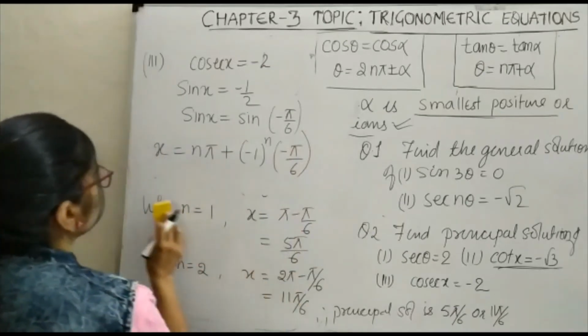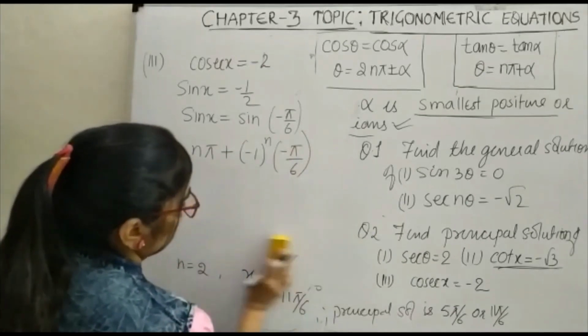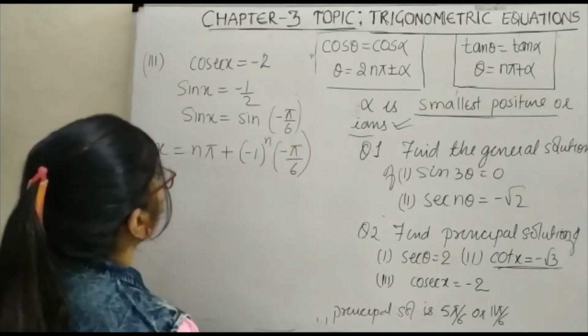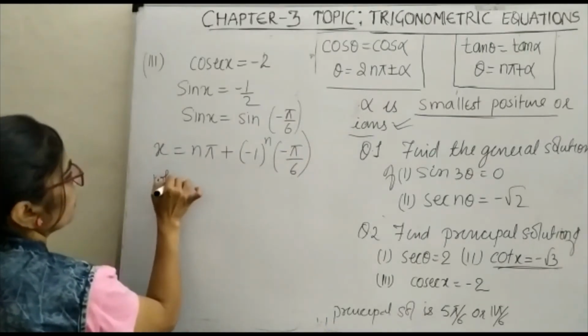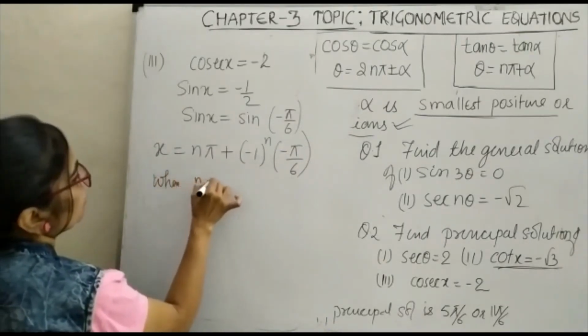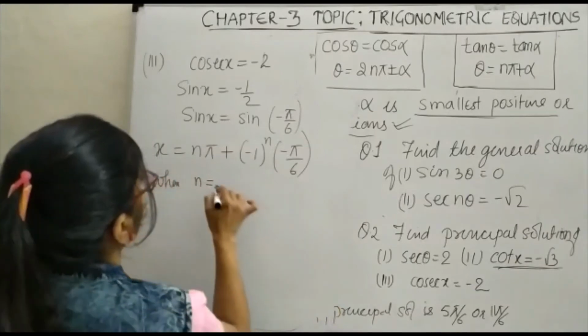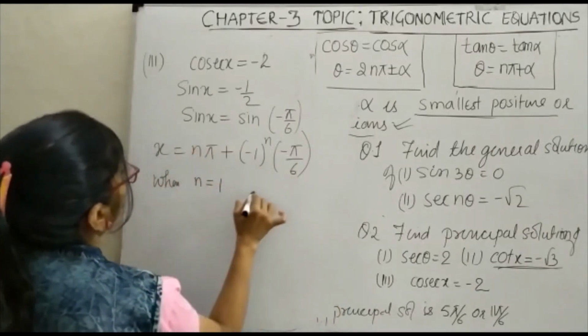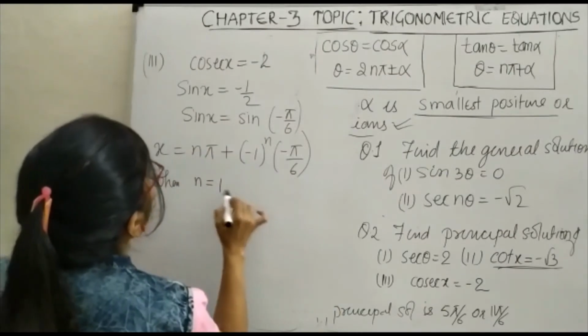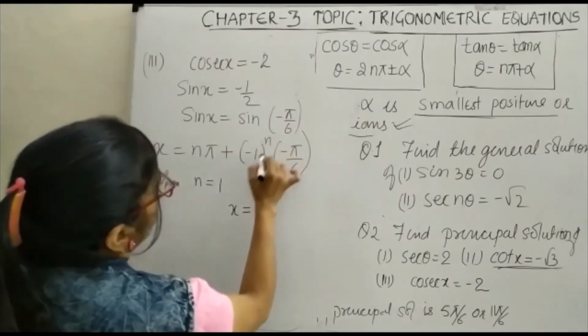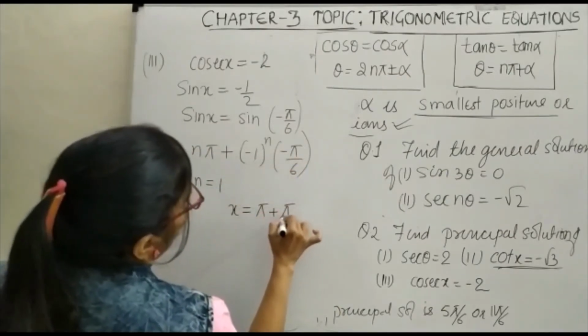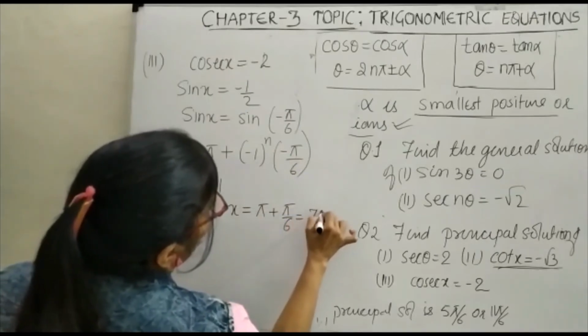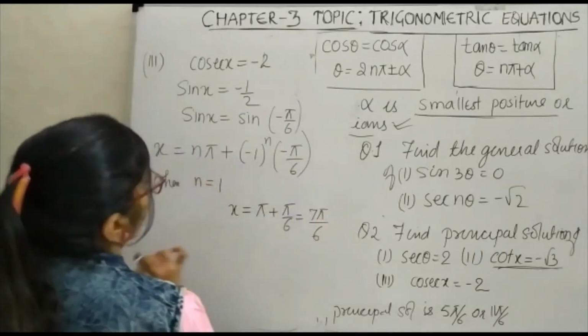Okay, now when n is equal to 1, you can see here this becomes x is equal to π, यहाँ पे 1 रहेगा plus π upon 6, that is 7π upon 6.